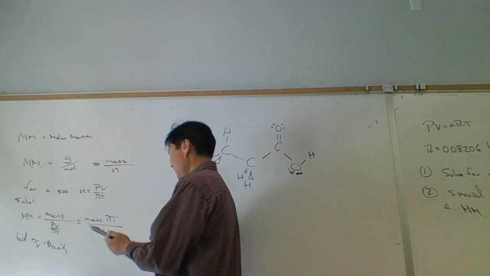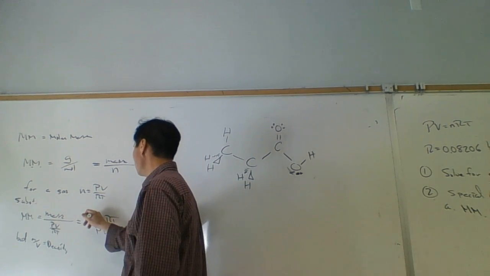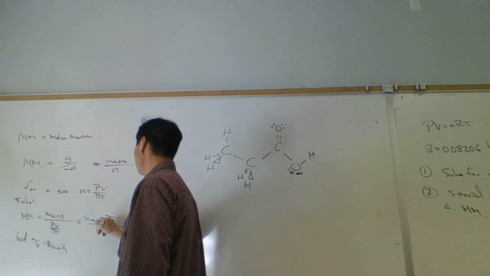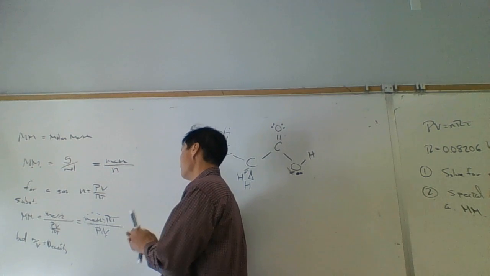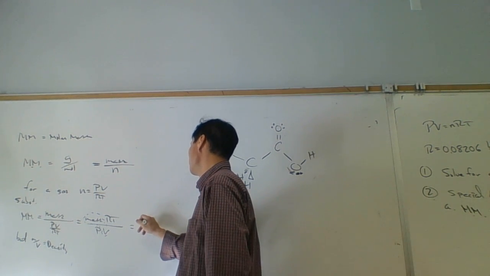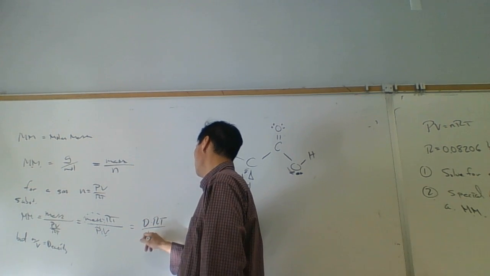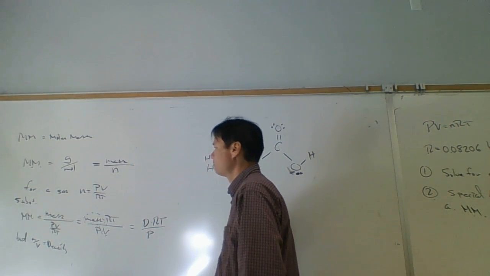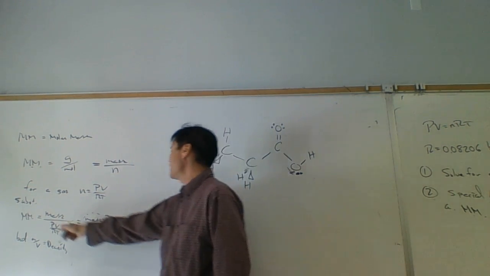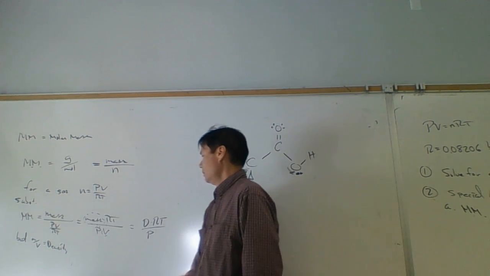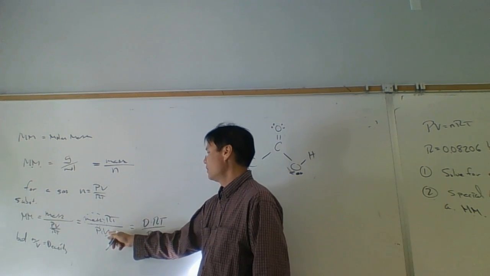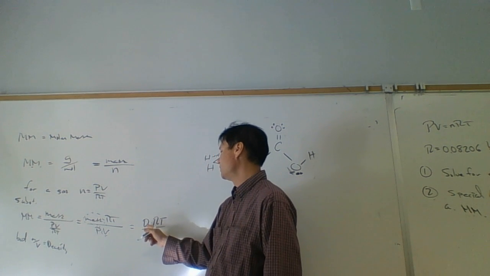And so what we can do here is substitute density for that. So this is going to equal the density times RT over P. And so we can relate the molar mass to the temperature, pressure, and volume, or we can relate it to the density.